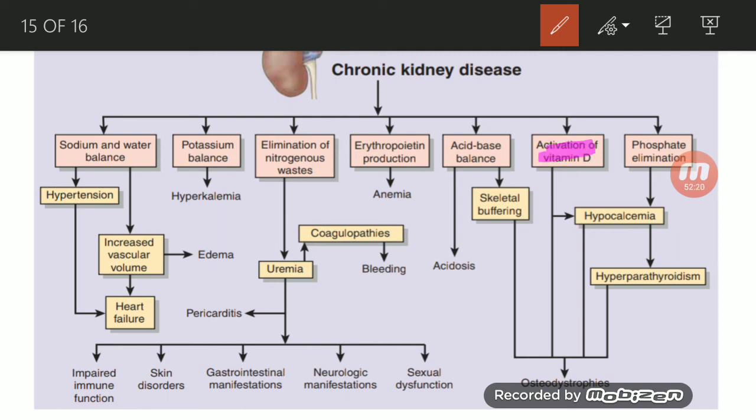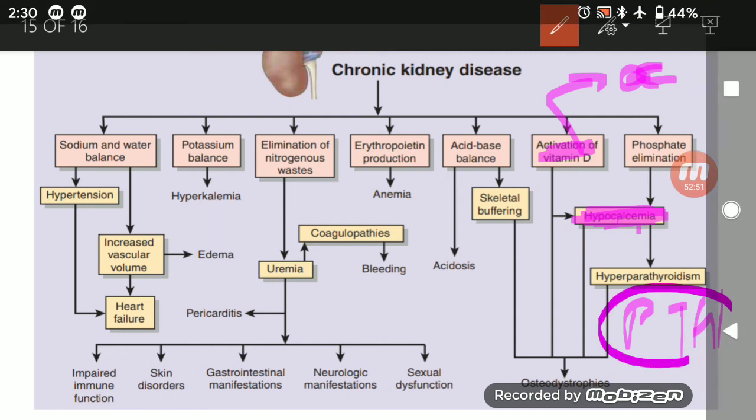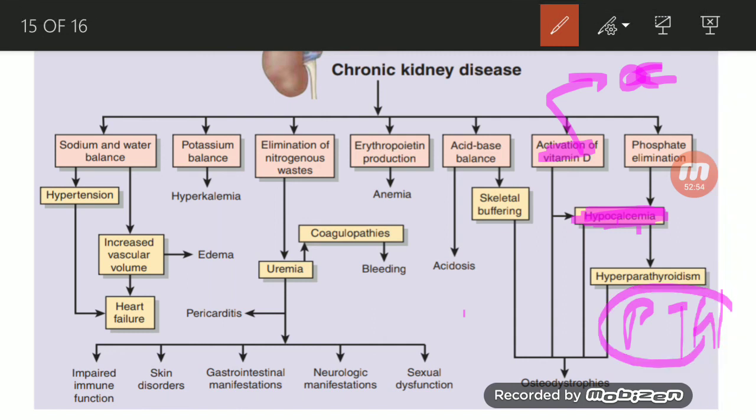There is no activation of vitamin D, so there is going to be no absorption of calcium. If the absorption of calcium does not take place, your body does not have enough calcium, and because of hypocalcemia, your body tends to release parathyroid hormone, PTH, in order to maintain your level of calcium in your body.